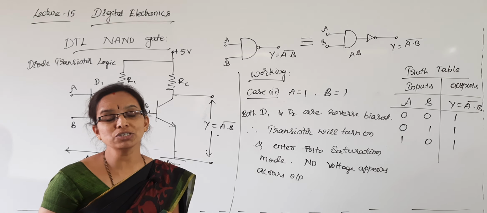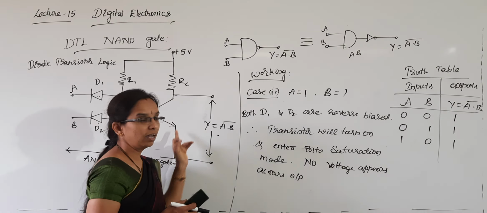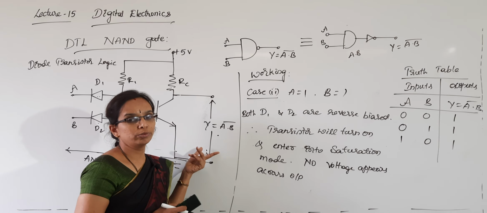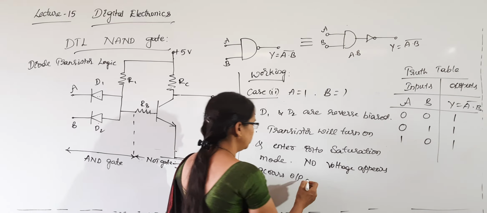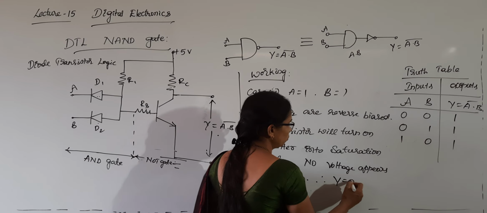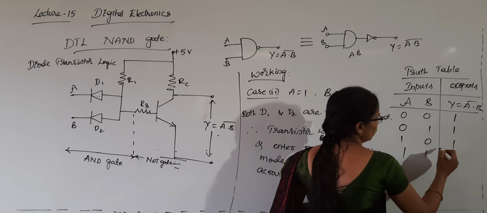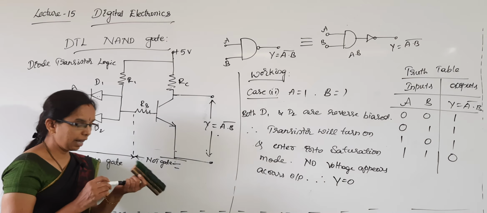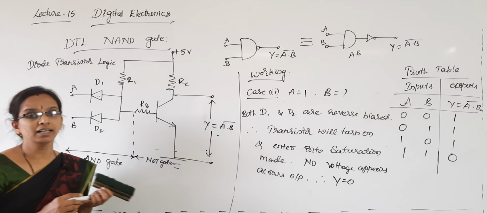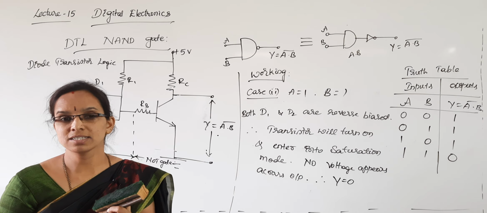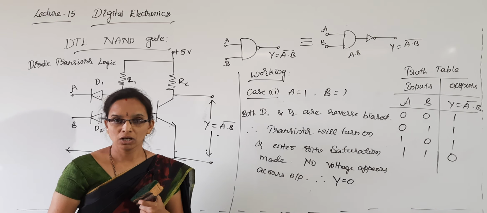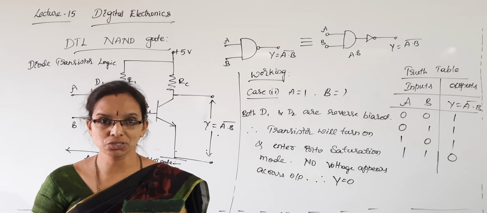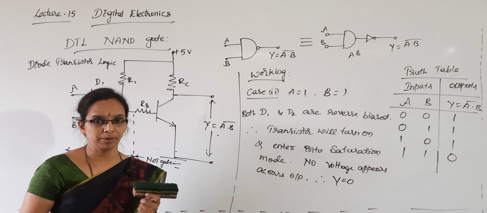So, current always chooses a less resistance path and not this one. So, the output will be 0. Therefore, Y is equal to 0 when both are 1, 1. Thus, the truth table of the NAND gate is verified using the DTL NAND gate circuit. Okay. Hope all of you understood this. Any doubts? Please text me.